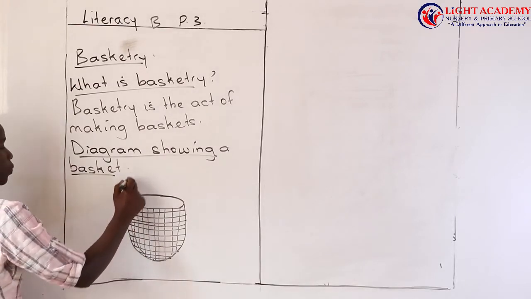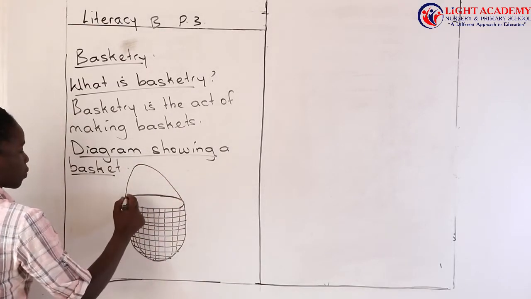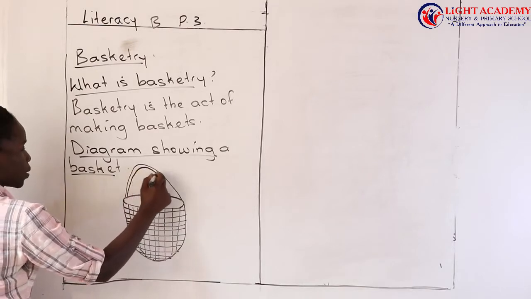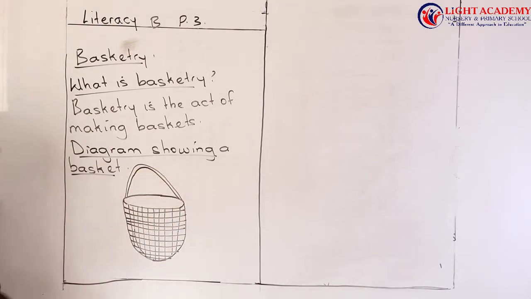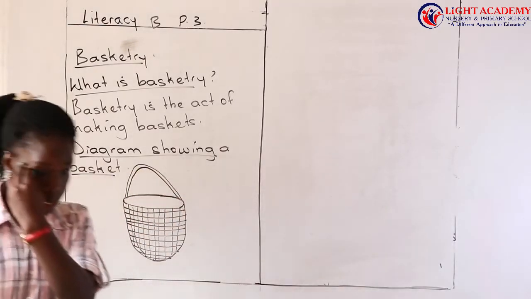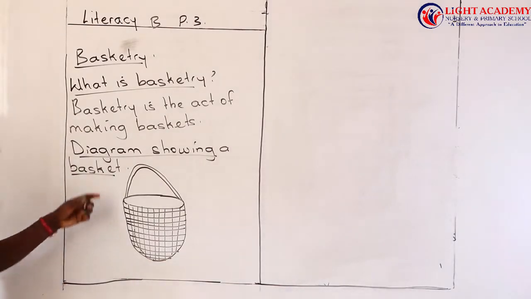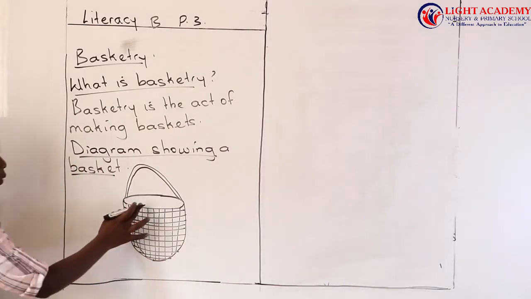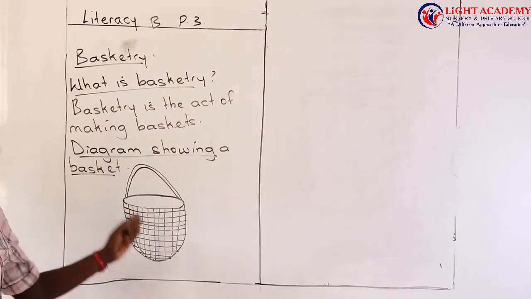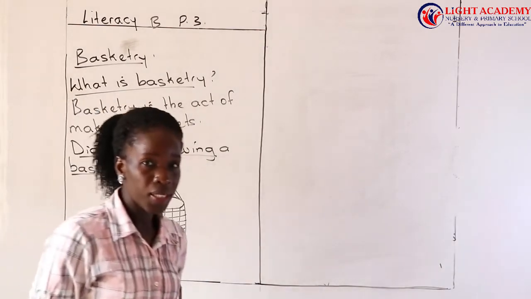So when you talk about the basket, this is how it looks. You make it in this form. You leave some small holes in it.